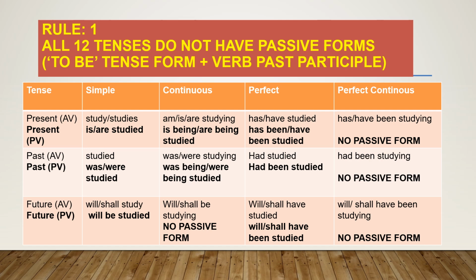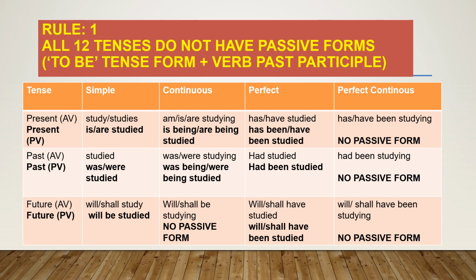Then simple past, studied, becomes was or were studied. Then future will or shall study becomes will be studied, shall be studied. Present continuous, am, is, or are studying, then you have is being studied or are being studied.